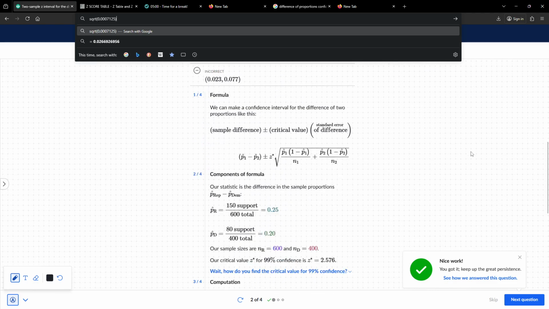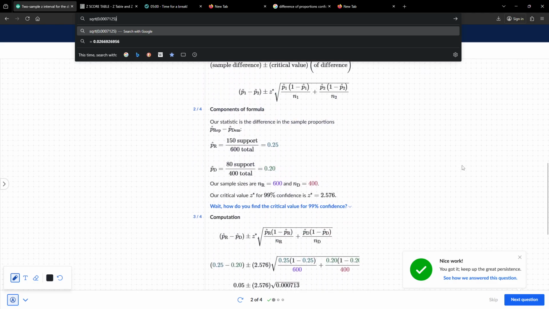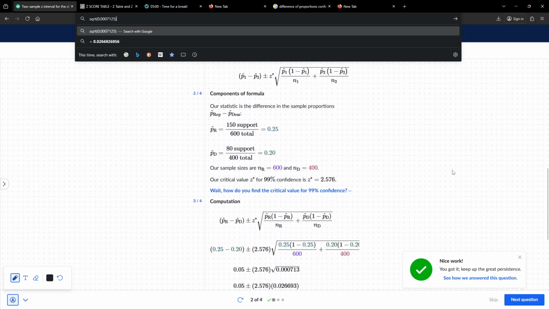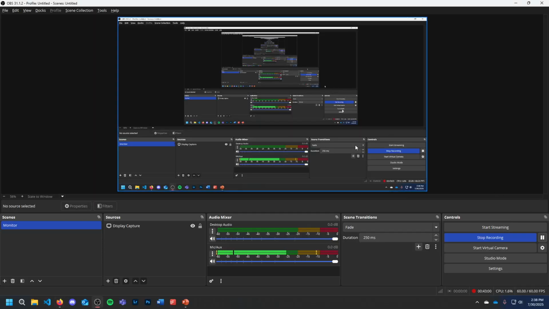And form is wrong. I guess I inputted something incorrectly. Okay, break.